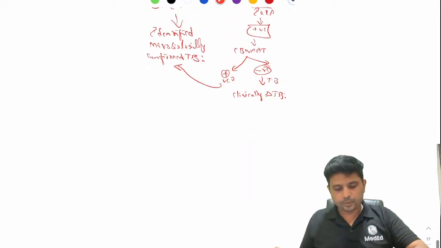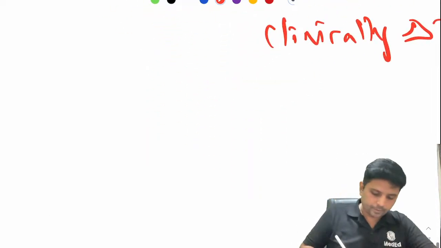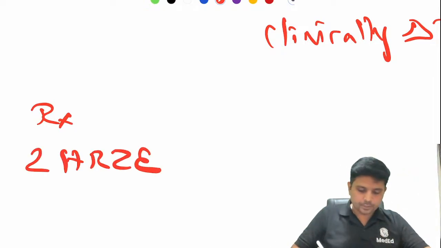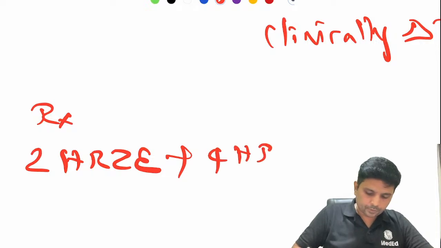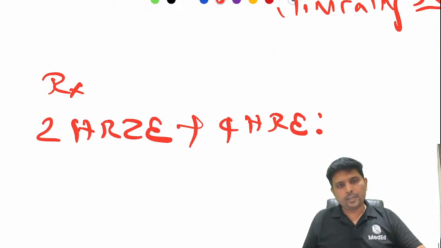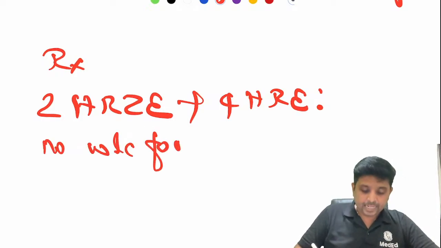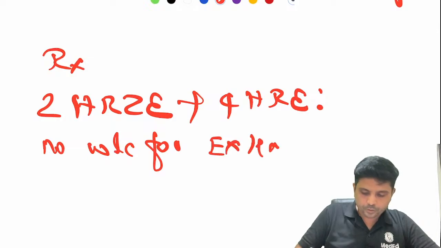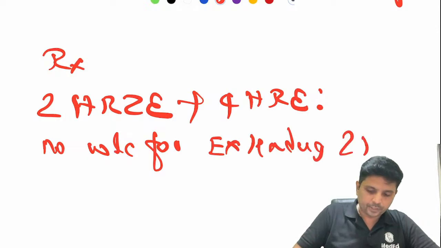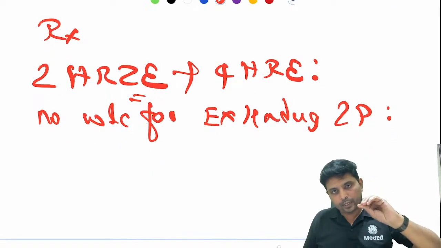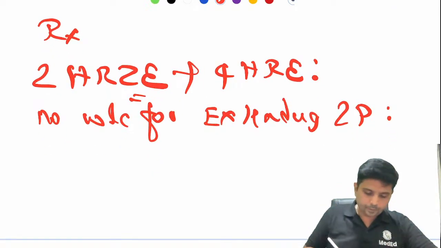Okay, algorithm. So what is the treatment? The treatment is 2 months of HRZE daily plus 4 months of HRE, isoniazid, rifampicin, ethambutol. No role for extending the intensive phase. When the child is not showing any response, you need to rule out resistant TB.